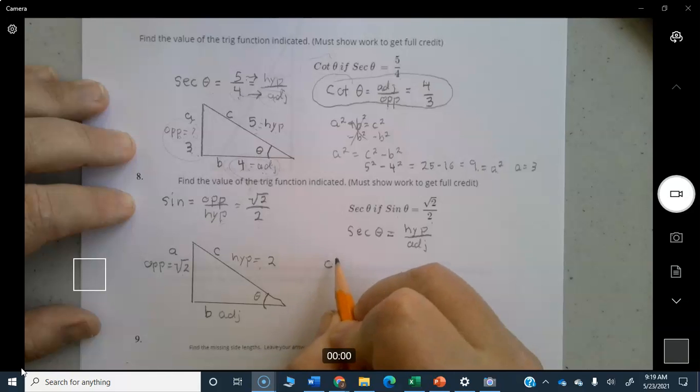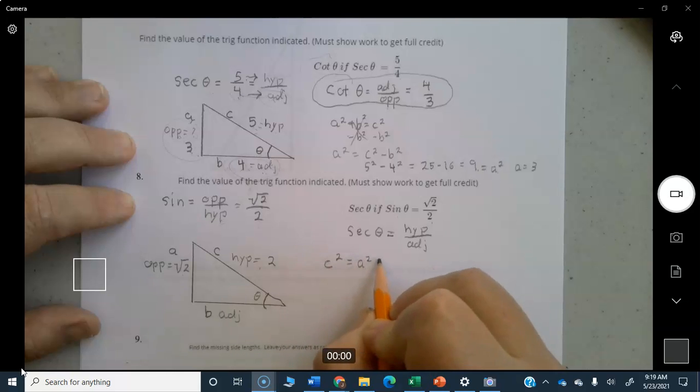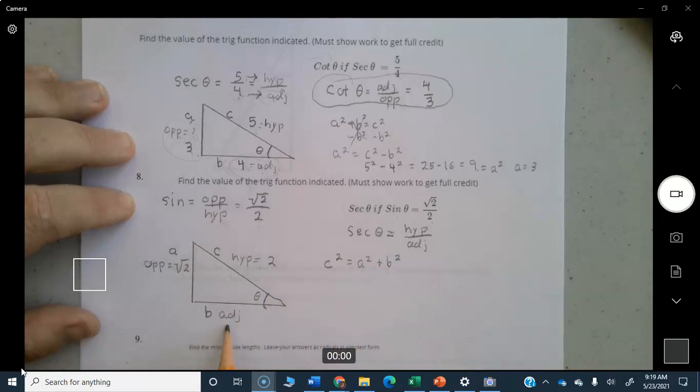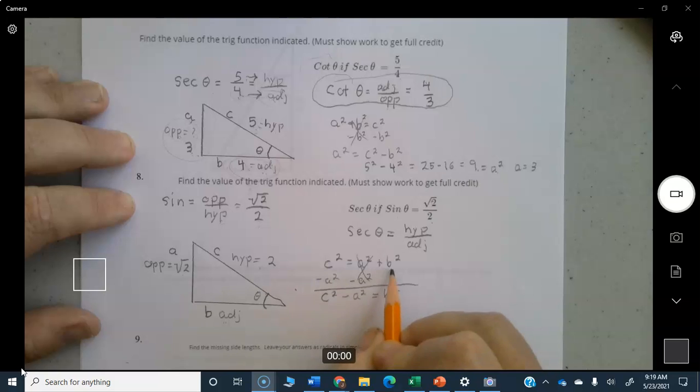So c squared equals a squared plus b squared. Okay, and we're trying to get b by itself. We need to find out b, so we're going to subtract a squared from both sides. These two cancel out, and what you end up with is c squared minus a squared equals b squared. The b squared's all by itself on the right side there.